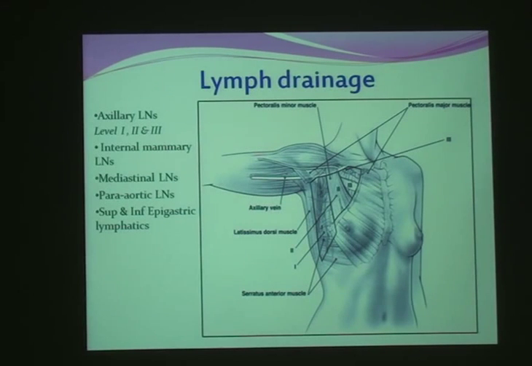A very important thing to know, about all the blood vessels and the nervous system, is the lymph drainage, because it's the primary way of metastasis in breast cancer. As far as we know, most of the lymphatic drainage of the breast goes to the axillary lymph nodes, and in current classification it's just classified into 3 levels, not the old groups of apical, anterior, posterior.